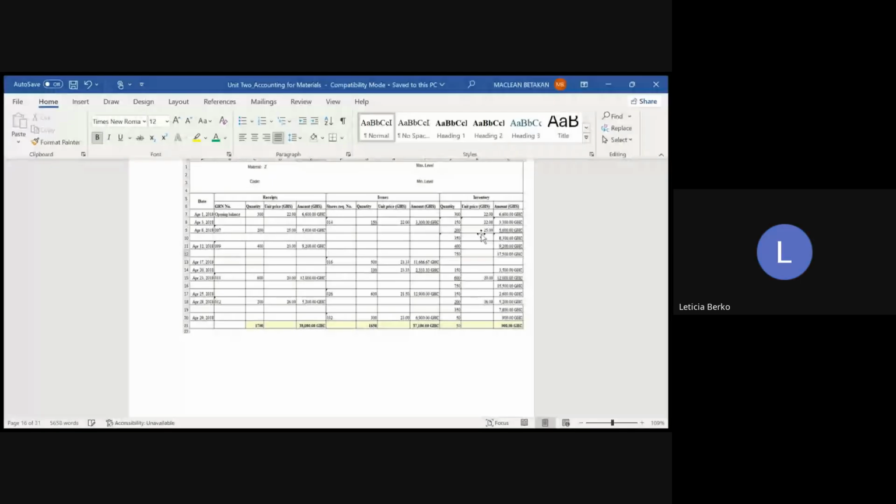23.7. Yes, so if you are going to issue on that day, then you are using 23.7. So you see this one that will issue 500 here. If it is weighted average, we are looking at the last balance for the inventory, which is 17,500 divided by 750. So let's do that and see what you will get.